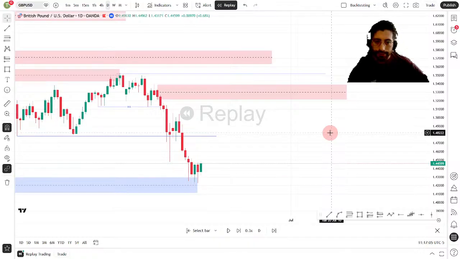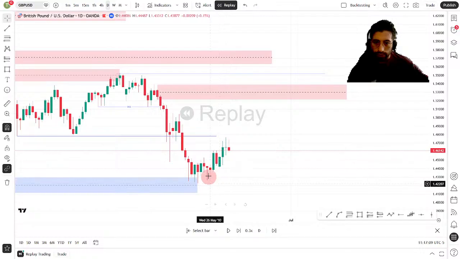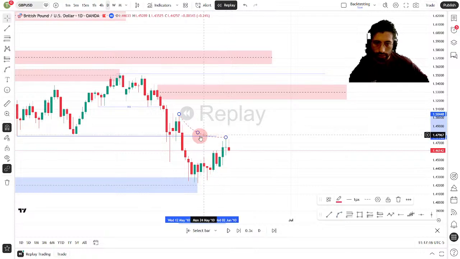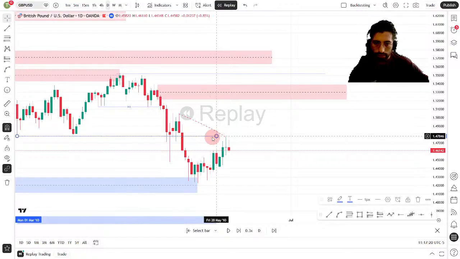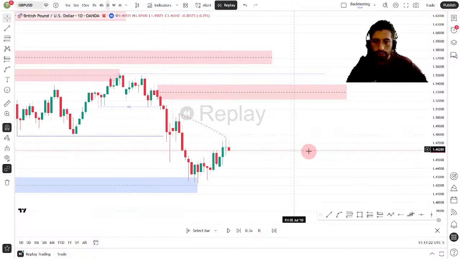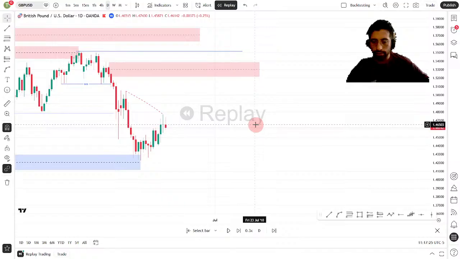Let's see what happens. Right, continue with this movement. Here is a high. Here's another high. The price may continue with the downtrend, I'm pretty sure.